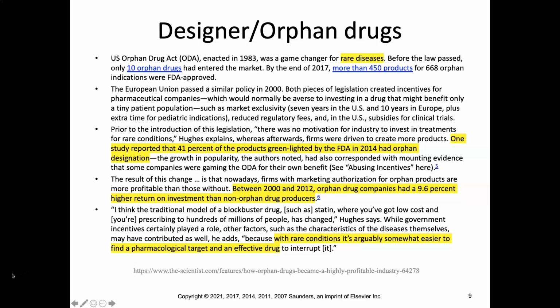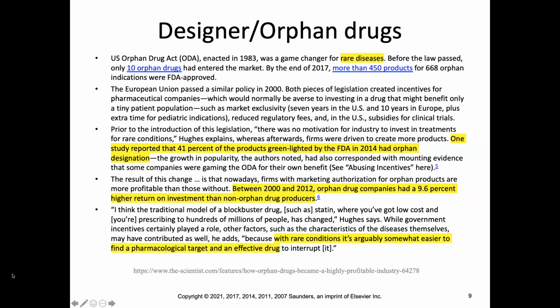The EU passed a similar policy in 2000, and they created incentives for pharmaceutical companies, because quite a few are based in Europe. Normally people might not be willing to invest because the drug only benefits a tiny patient population. But because of these drug acts, regulatory fees were reduced and clinical trials were made easier, and so it took off.